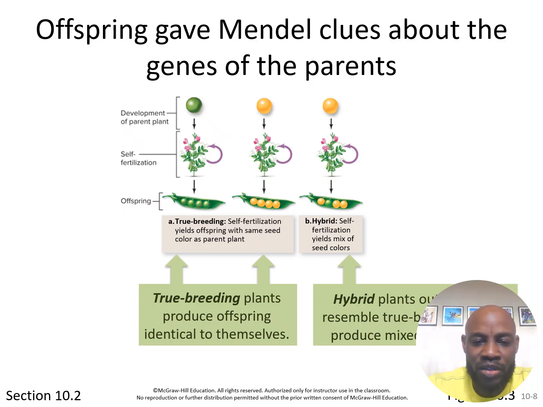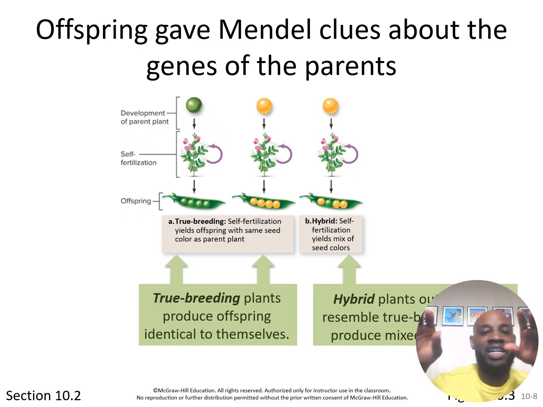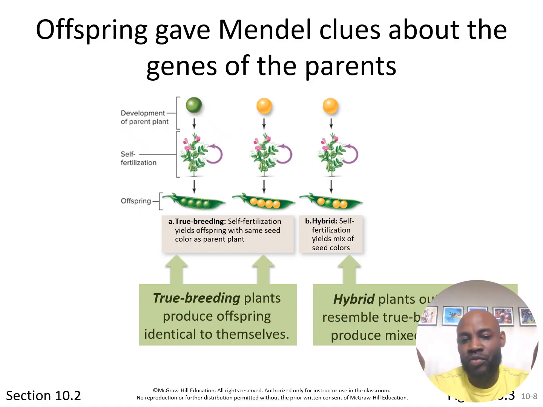True breeding plants produce offspring identical to themselves. When plants fertilized themselves, they produced the same color seeds. But when one plant fertilized another, crossbreeding the plants, you saw a mixture of the seeds.